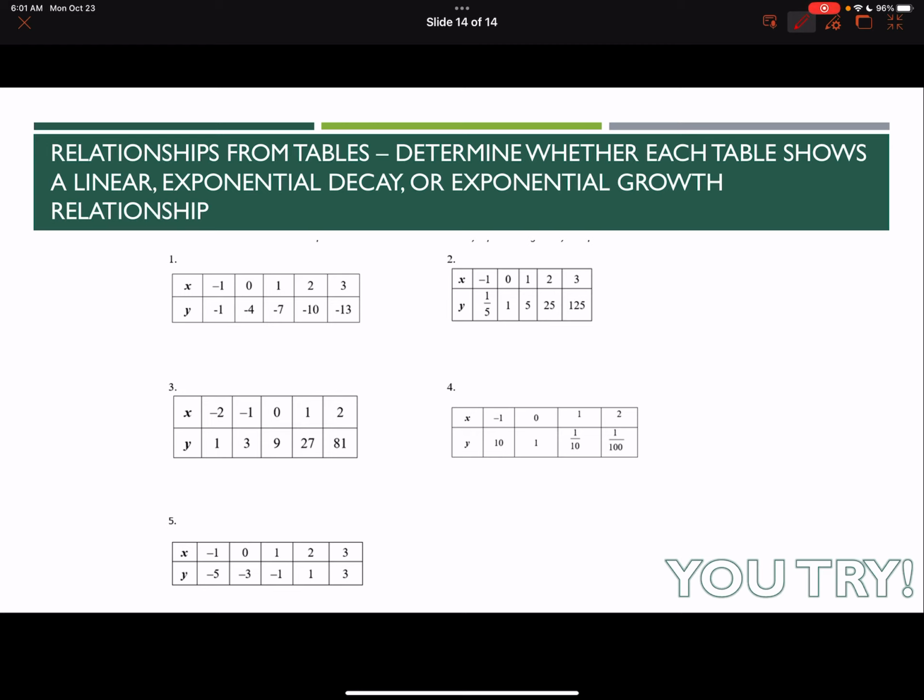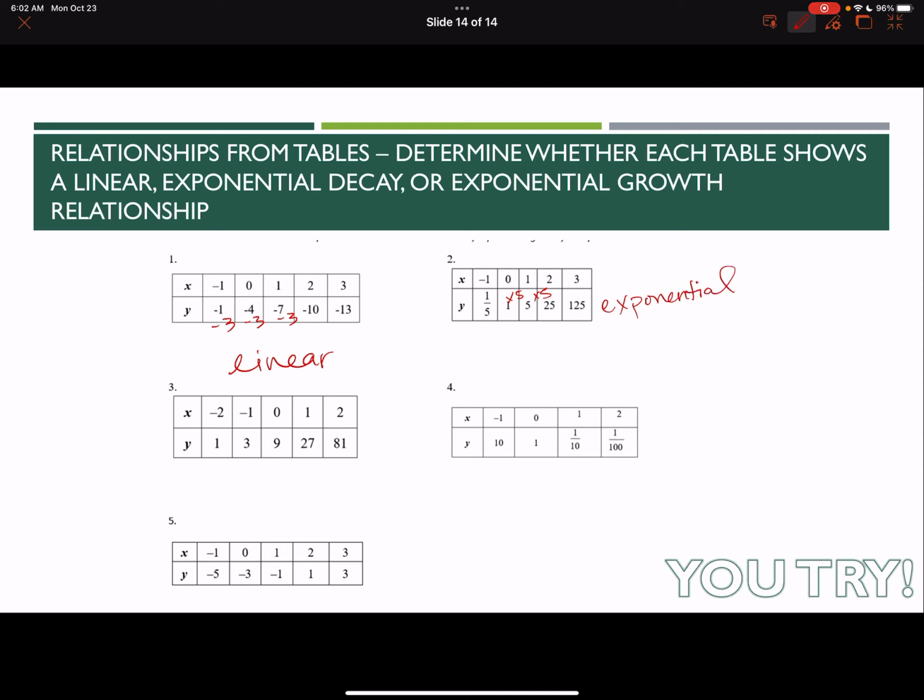Okay, so let's look. Number 1, these y values, remember we're looking at the pattern in the y's. These y values are actually decreasing every time by 3. So because the pattern is subtracting, we call that linear. Number 2, hopefully you saw that the pattern is multiplying by 5.